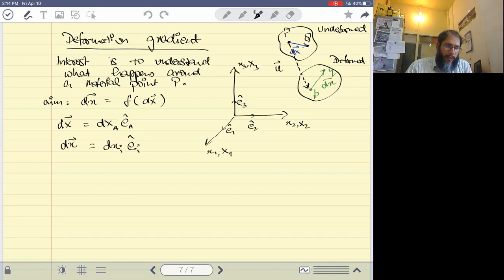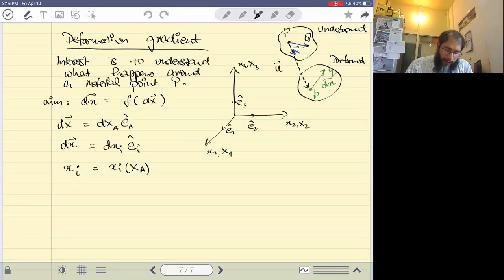The motion in this case is written as x_i is a function of, well, there's no t here. We're just talking about two configurations, so we'll write it this way. If you give me all components of capital X, I will tell you what the different components in small x are.